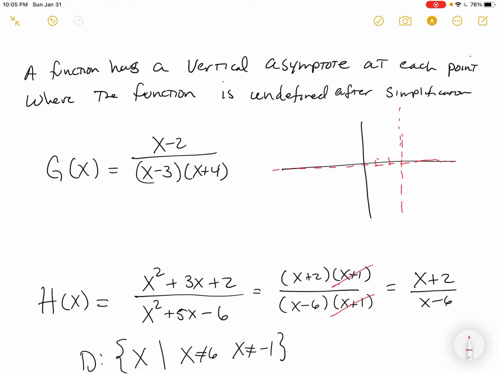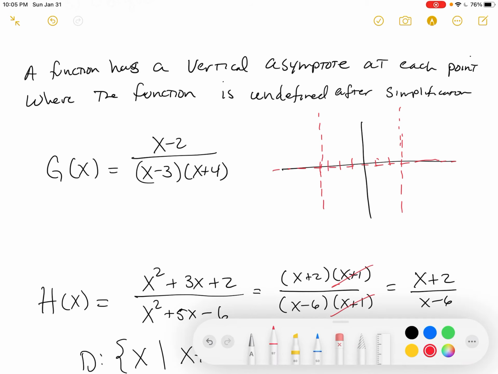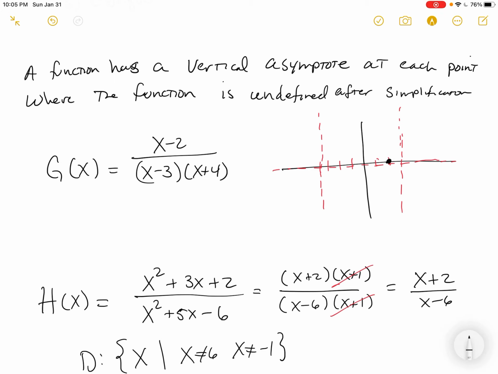a vertical asymptote. At x equals -4, it had a vertical asymptote. It was crossing at 2, right? And passing through that, right? Its multiplicity is 1. It's going to pass right through there. So we would just need to find out where we are.